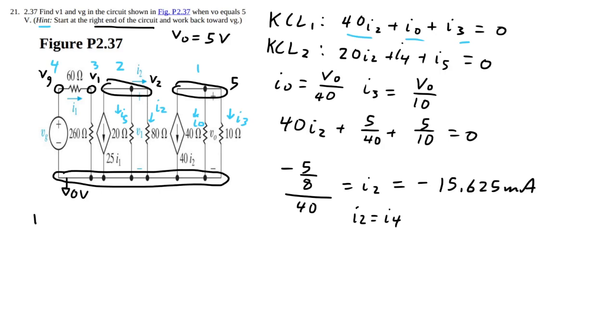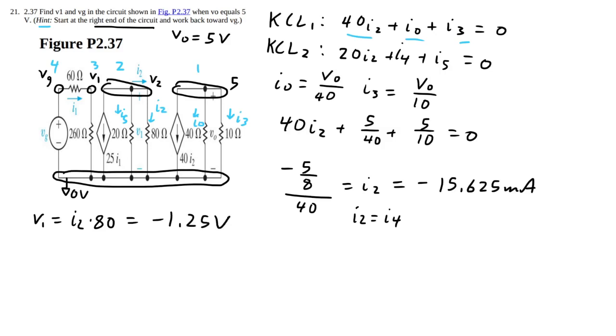So to find V1, V equals I times R, so I2 times 80. 80 times negative 15 milliamps. Okay. So that's going to be minus 1.25 volts.